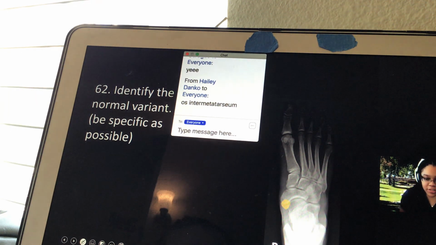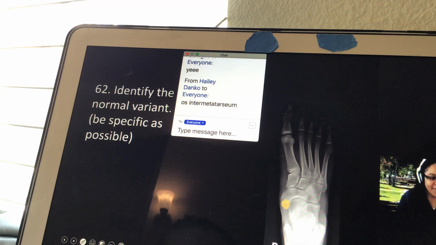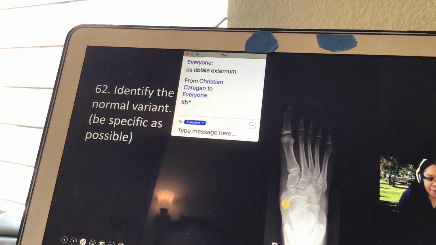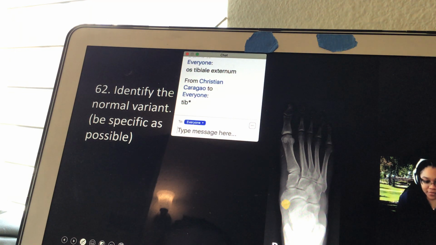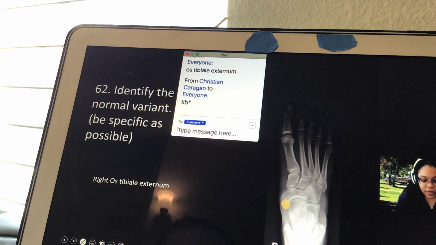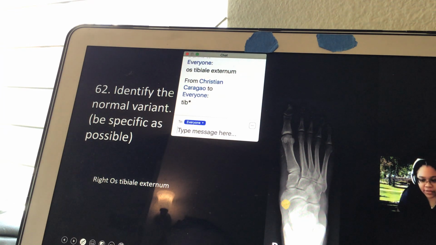I know some of you have been itching to say it, so say it now. It's this one. Yeah, this is our os tibiale externum. And again, this one can have 3 different instances of it. You'll have an ossicle, or you can have an elongated navicular, which could be called an os naviculare.